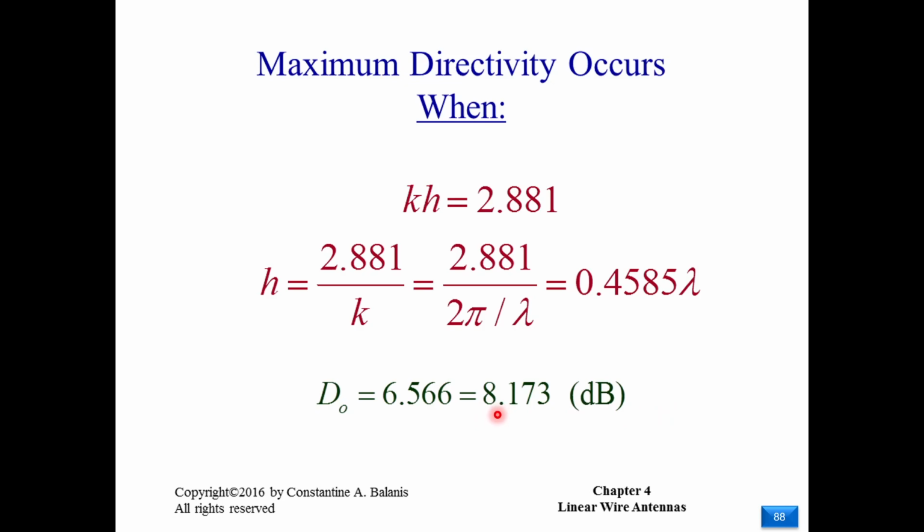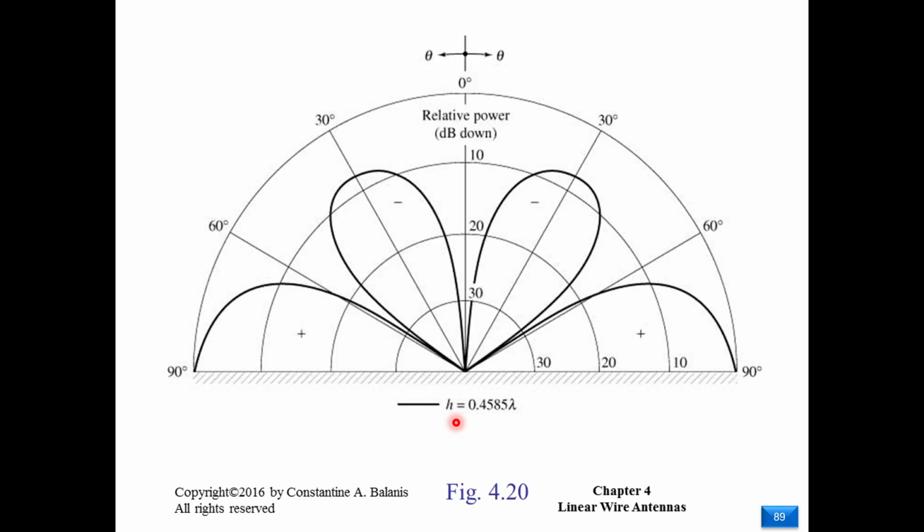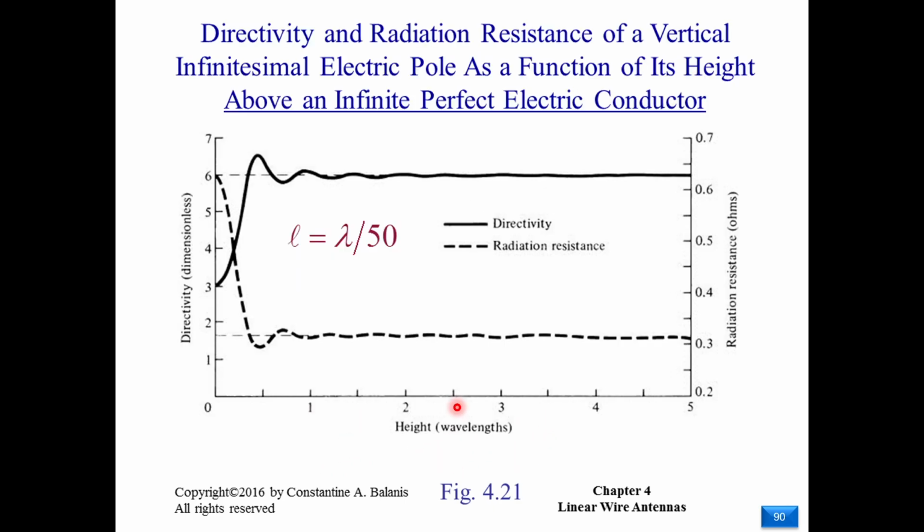So you can see the very high effect of the ground plane on the directivity, because it's sort of like two elements instead of one. And this is the pattern for the maximum directivity case.